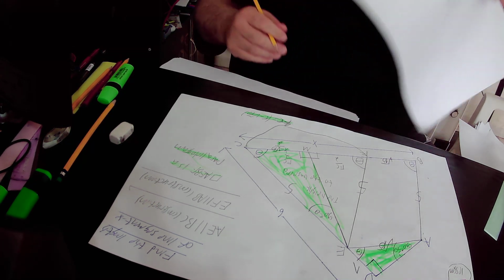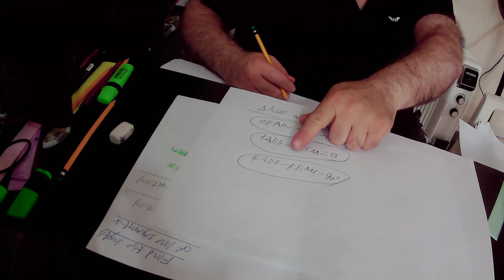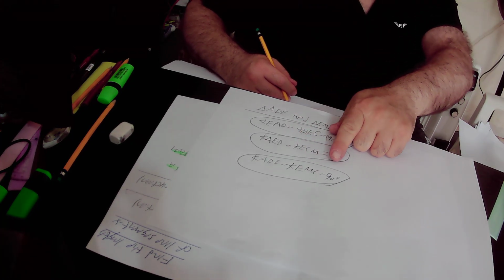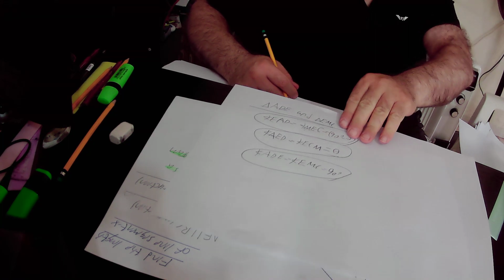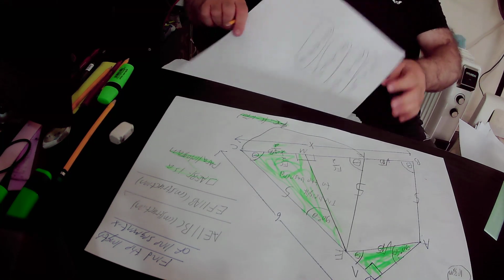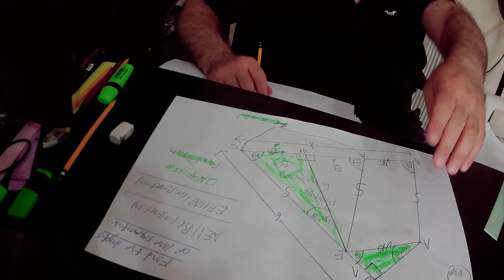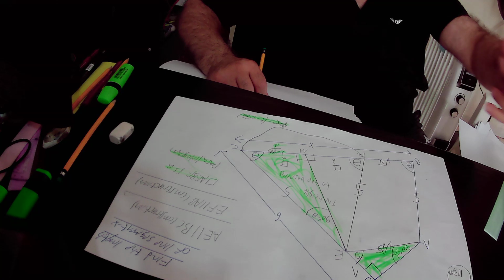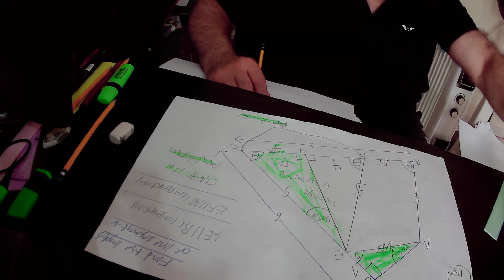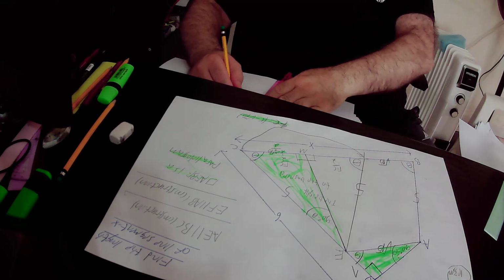Angle ADE equals angle EMC, and both angles are equal to 90 degrees, therefore they are equal to each other. Therefore, all the angles of triangle ADE are equal to all the angles of triangle EMC, therefore those two triangles are similar to each other according to the angle similarity rule.